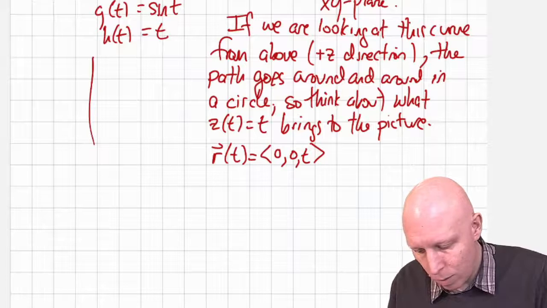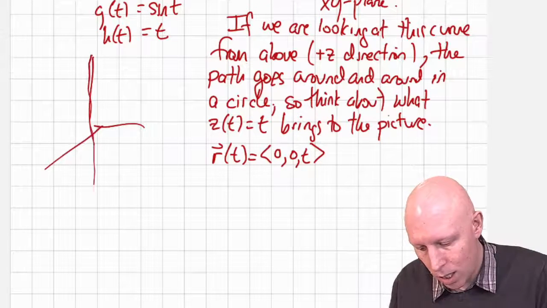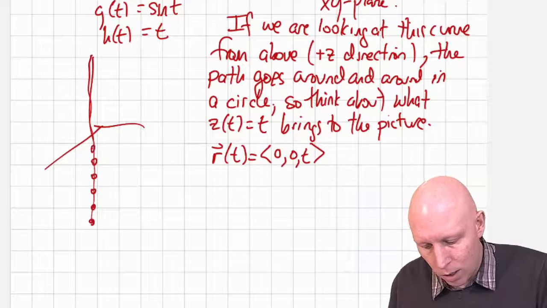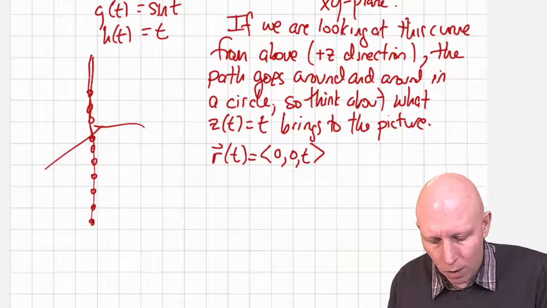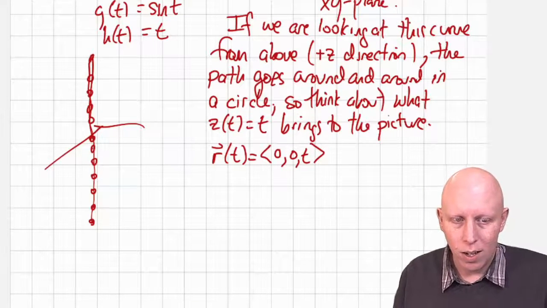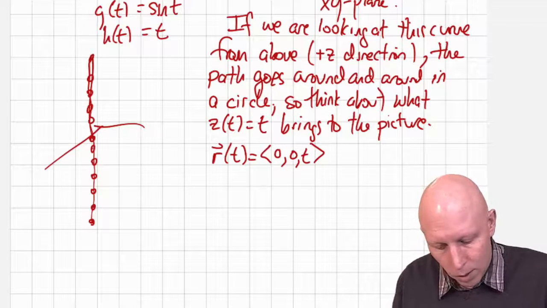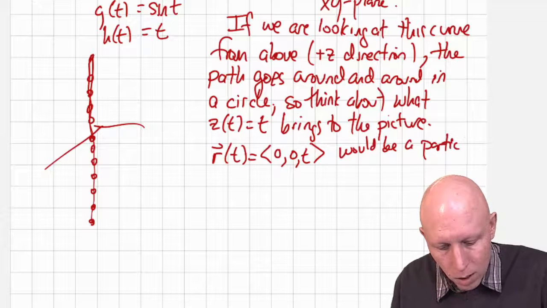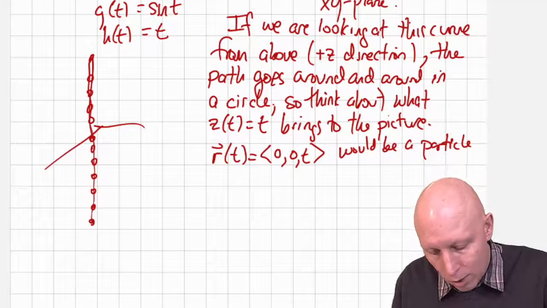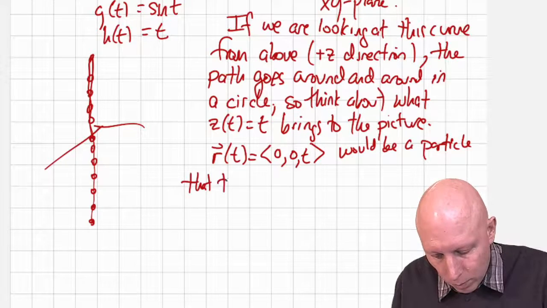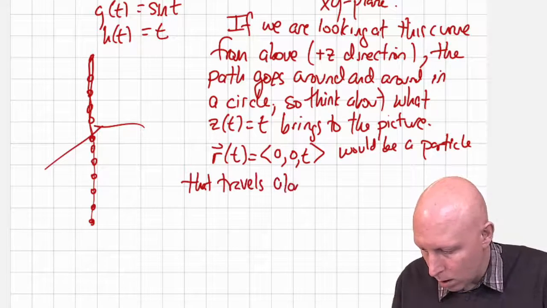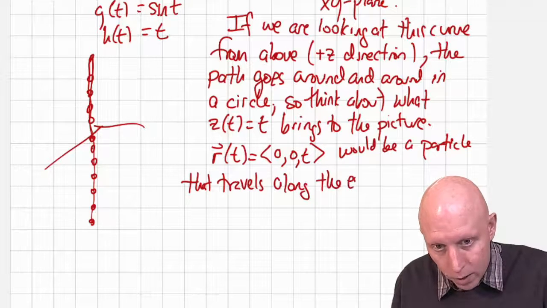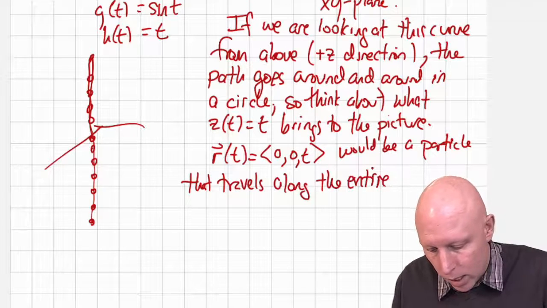And so what would that look like? That's going to stay on the z-axis. But for different values of t, all you're doing is giving us t. So it's like you're following along the z-axis at a constant rate. So this would be a particle that travels along the entire z-axis at a constant rate.